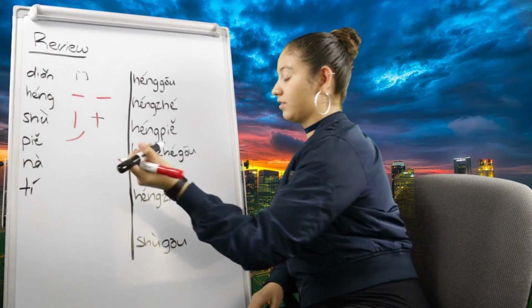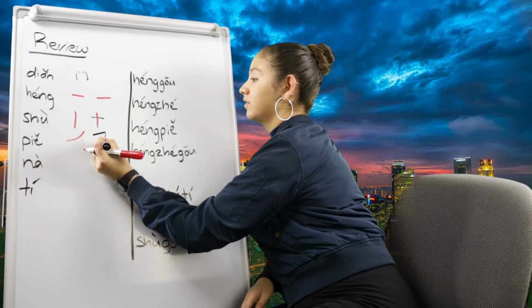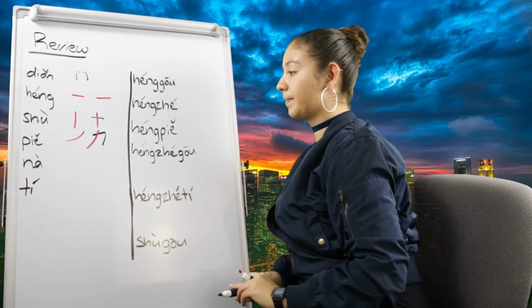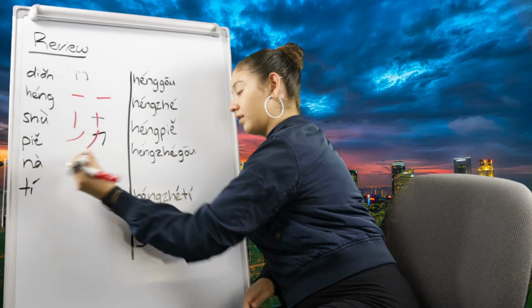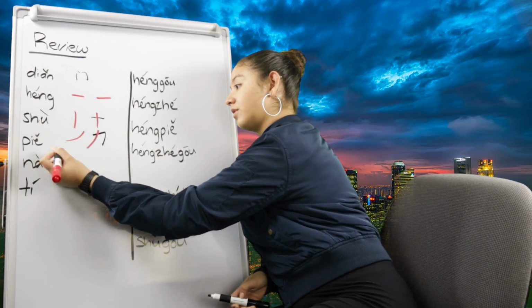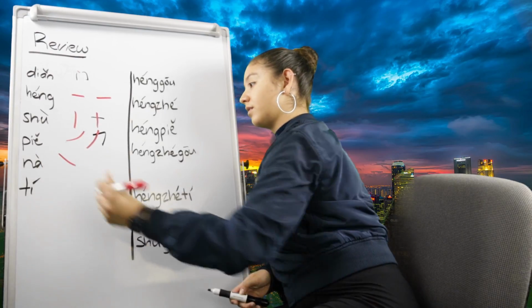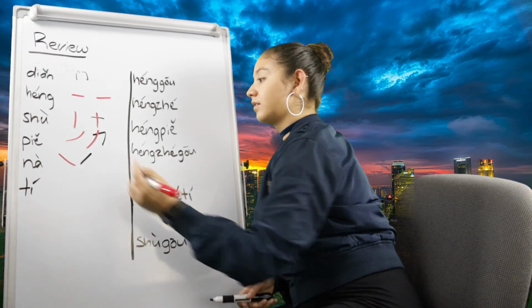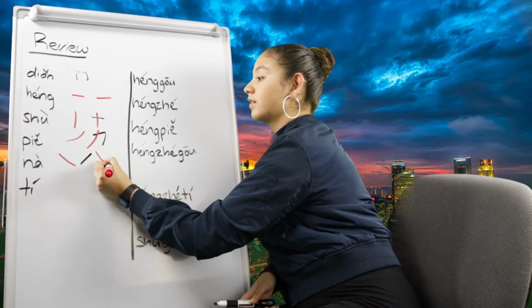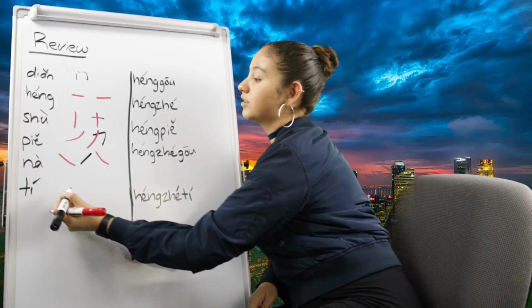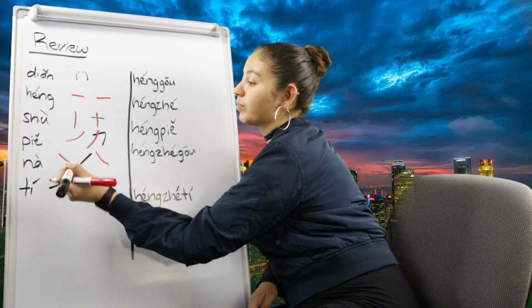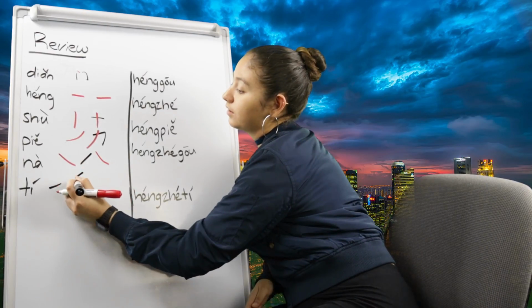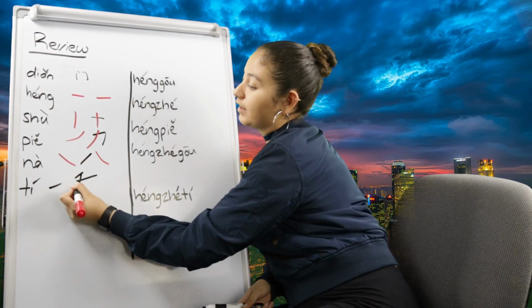That would be using a character such as this one. Then we have Na, upper left corner to lower right corner. That would be used in something like this. Then we have Ti, which is down, going up. That would be used in a character such as this one, right here.